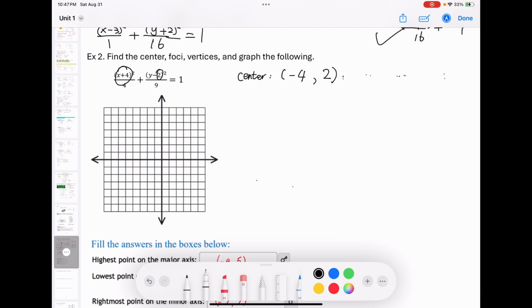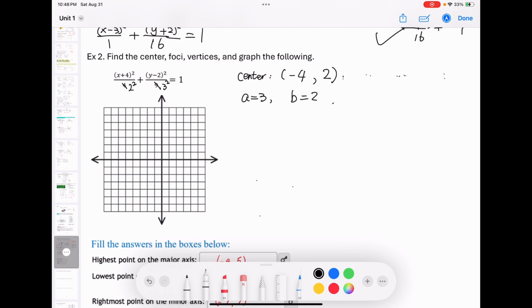Next step, let's find our a and b. a is the biggest number under the x or y. I see 9. 9 is equal to 3 squared, so I'll convert the 9 to 3 squared. And 4 is 2 squared. Now I can tell a is equal to 3 and b is equal to 2.